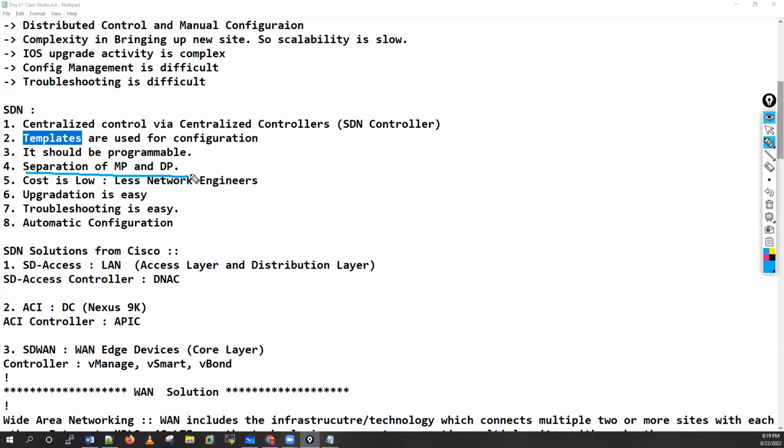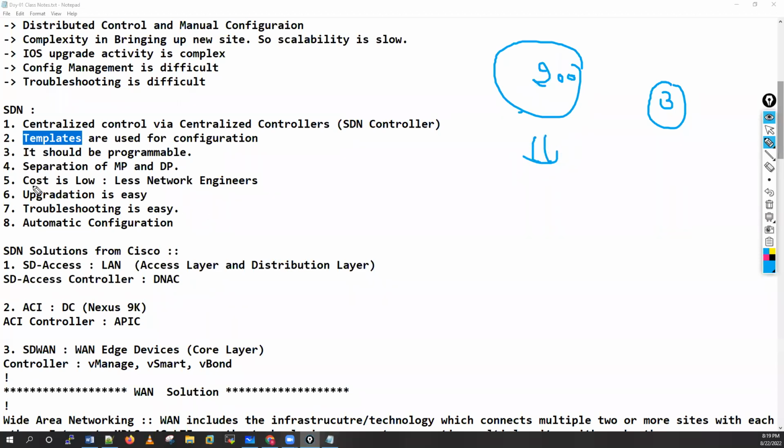There is a separation of the management plane and the data plane. This part I will discuss later, guys. Don't worry. So in the SDN solution, the management plane and data plane are separated. Initially, let's suppose you have 200 sites. In that case, if you put 3 engineers on each site, you need a lot of engineers, right?